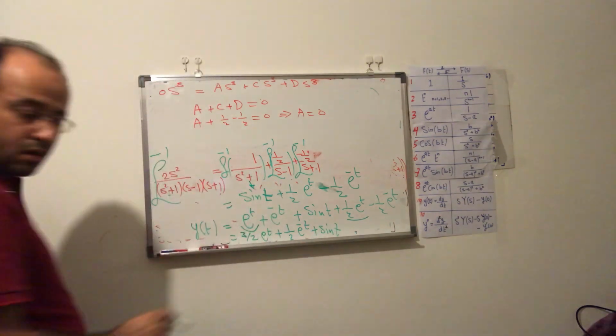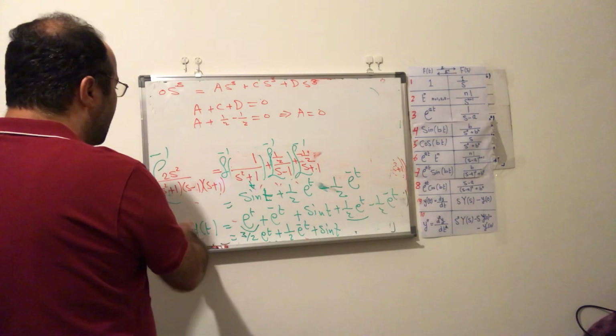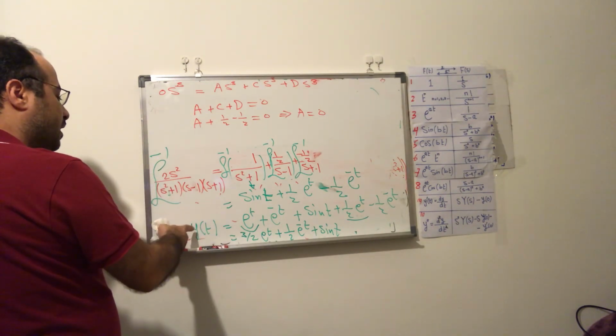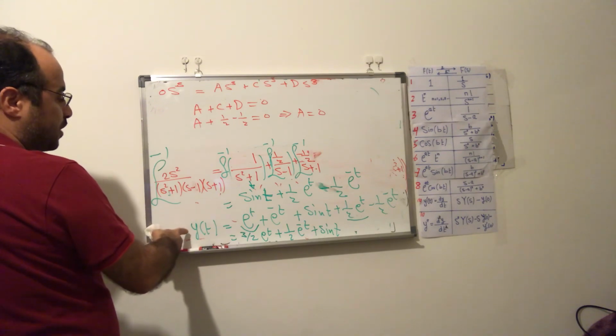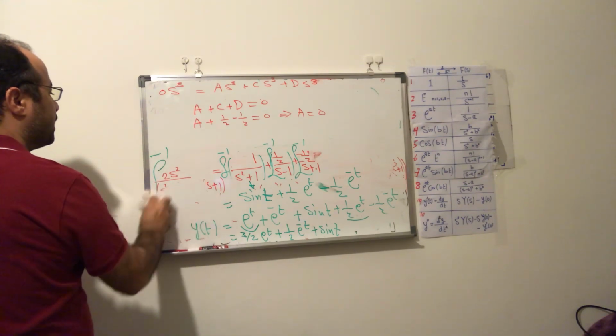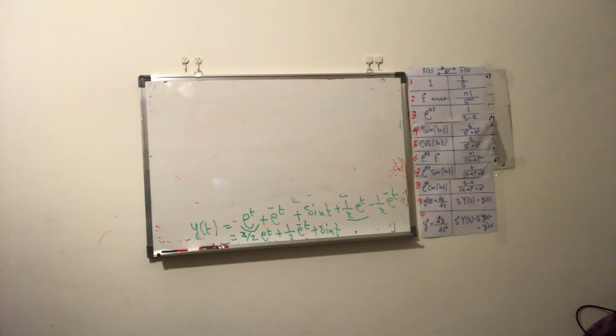Are we done? No, we are not done yet, because we got y of t, and for a system we have 2 things to calculate. One of them is x of t, one of them is y of t. Now I will leave it as an exercise.